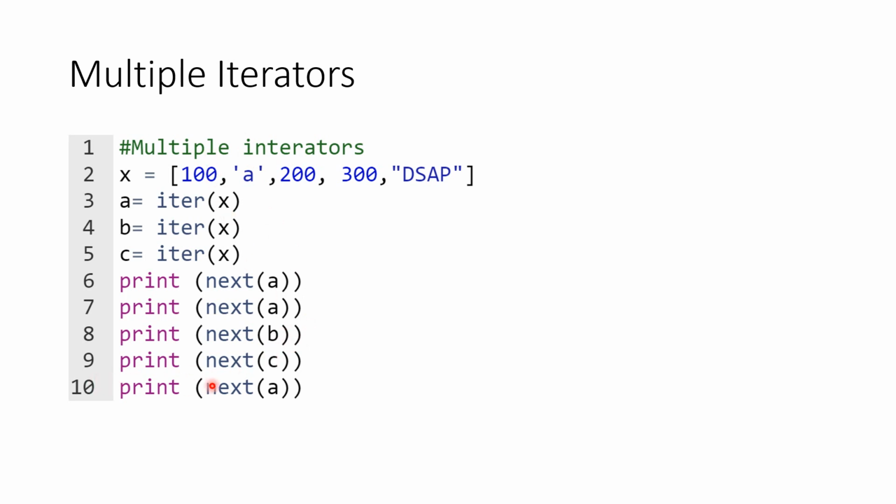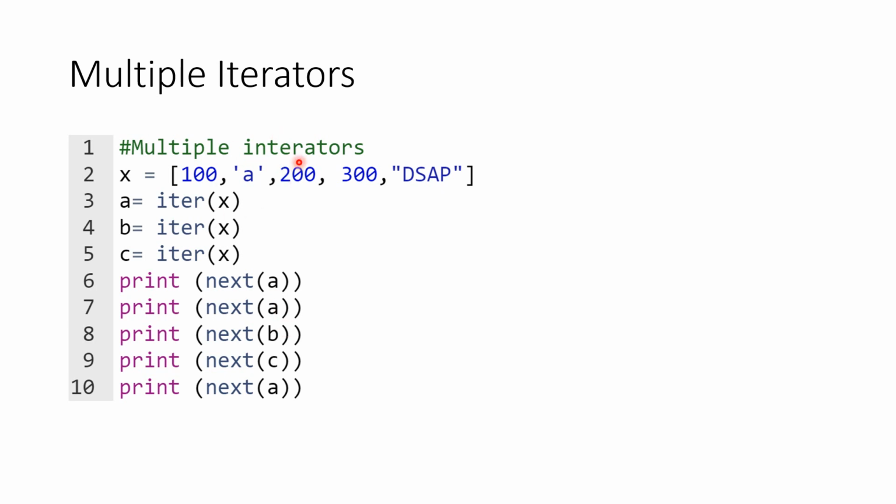Next, with the iterator C, again we are starting now only. So it will access the first element, which again gives the value 100. And next, again I iterate X through A. Already A has been accessed with index 0 and index 1, so the next index is going to be 2.